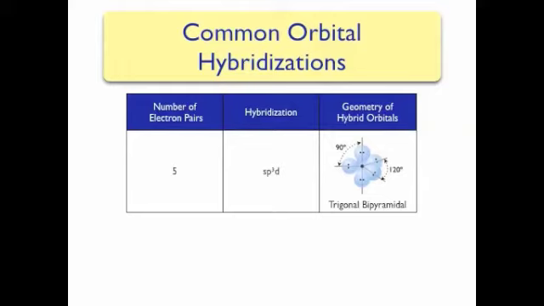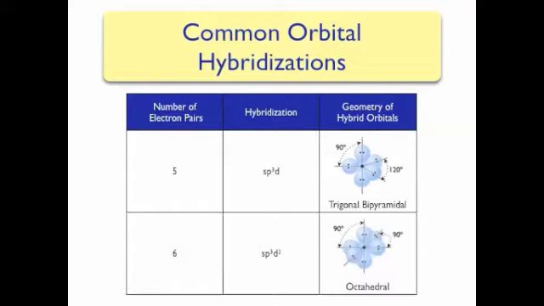In the vertical or axial positions, the bond angles are 90 degrees from one another, while in the planar region, the lobes are all 120 degrees from one another. The geometry looks like 2 pyramids with a triangular base stacked one on top of another.